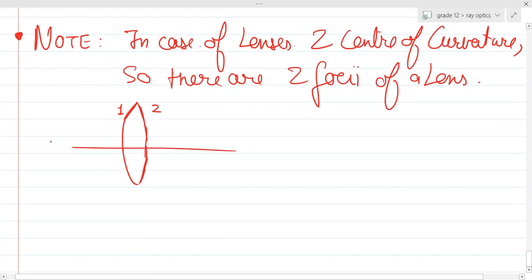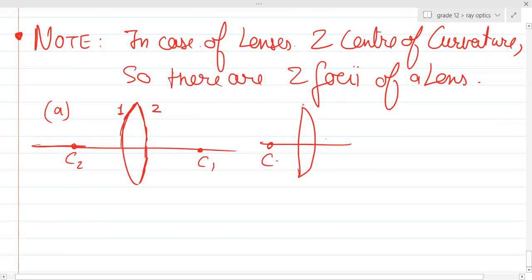Can anyone tell me where the centers of curvature of these two surfaces will lie? The center of curvature of this surface will lie over here and the center of curvature of this surface will lie over here, right? Similarly, if I have a plano convex lens, then the center will be on this side. Are you getting my point, guys?